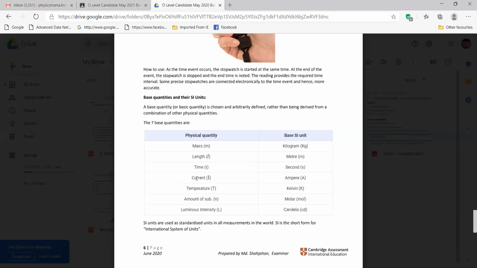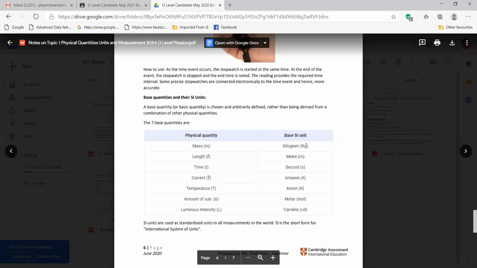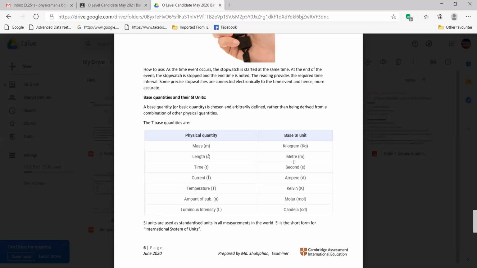This way we have 7 basic quantities. Can you read them? Mass, length, time, current, temperature, amount of substance, and luminous intensity. So the SI unit of these base quantities are also given, right?